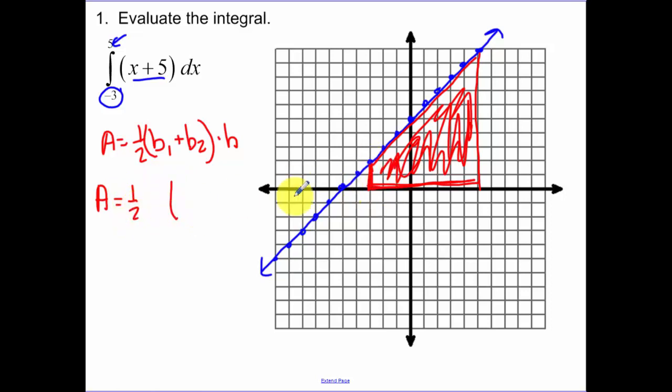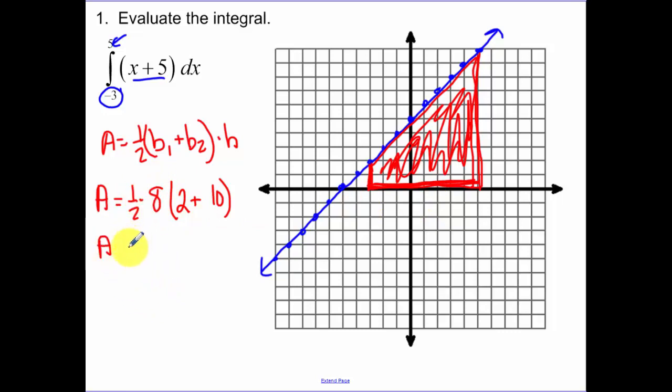One of the bases has a value of 2. The other base is the side that's parallel to that. That has a value of 10. Now our height is that distance right there, which is going to be 8.